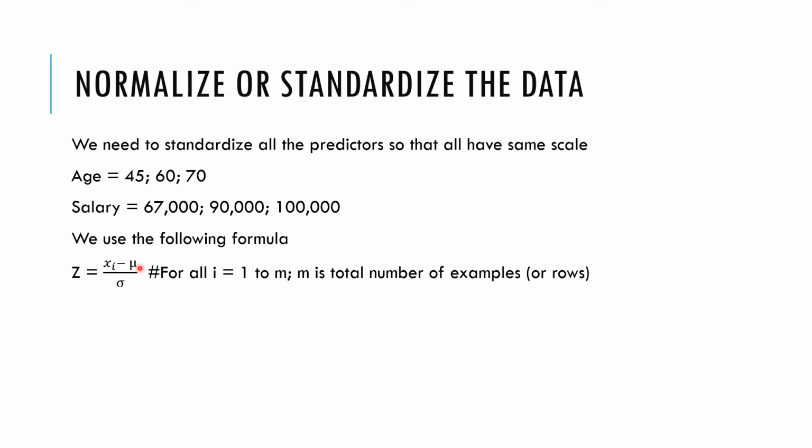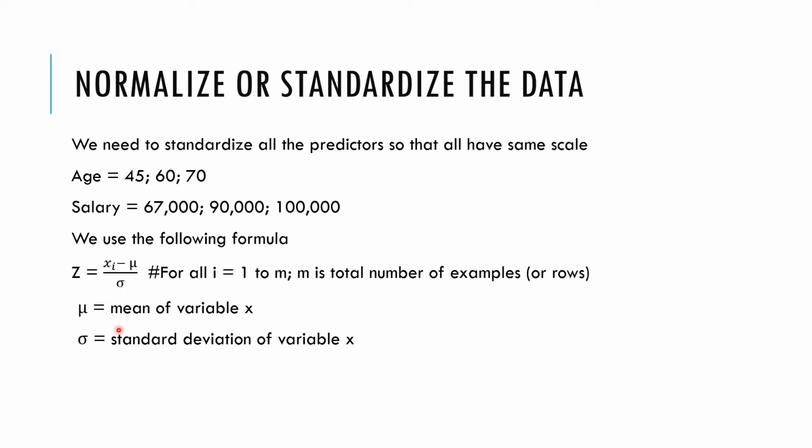Mu is the mean of the variable x. We use the same formula for all the variables to standardize each variable. And sigma is the standard deviation of variable x. So we simply subtract the mean from the variable and divide it by the standard deviation of the variable.